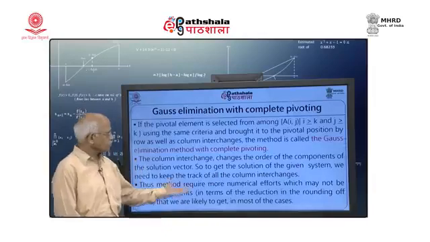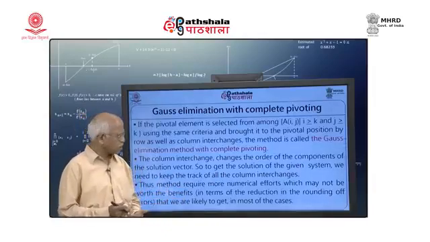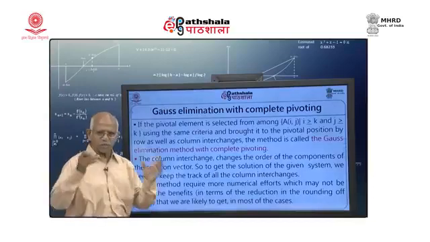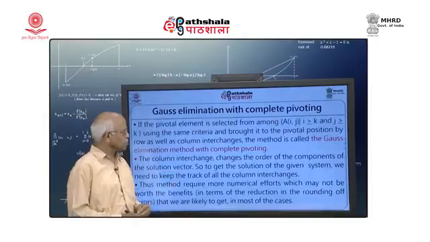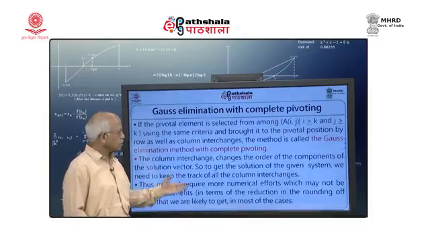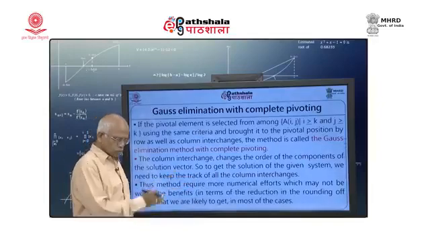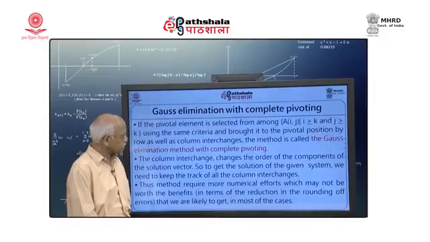So, you will not be able to make any more reduction of the rounding error by doing complete pivoting. So, normally we use partial pivoting. In most of the illustrations we will be using partial pivoting only.